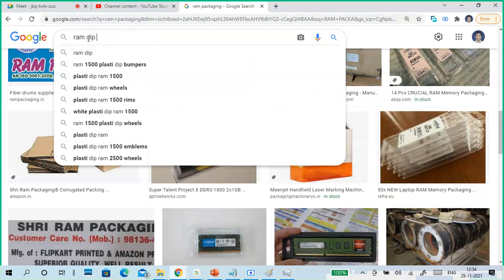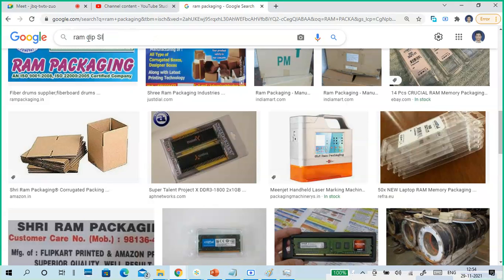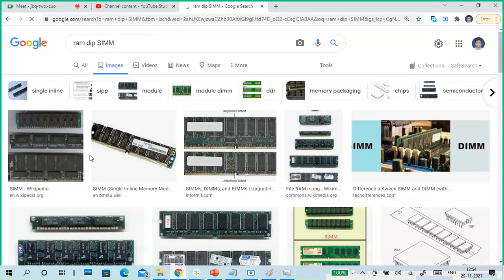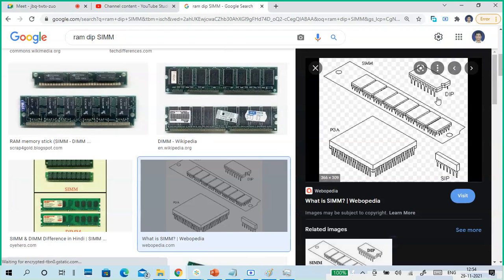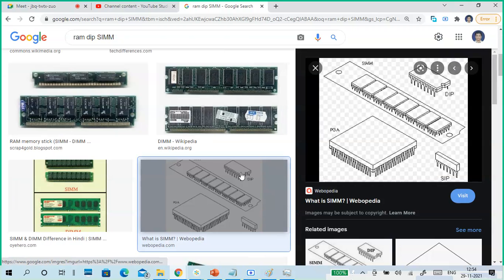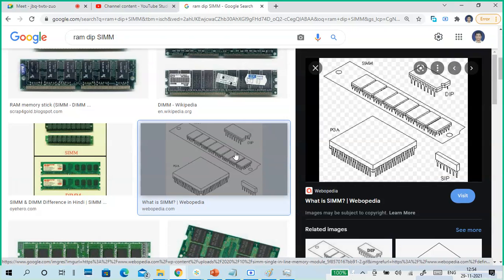So RAM, DIP, SIMM, you will understand something from it. Yeah, like this. Earlier we had this kind of DIP packages, which look like an IC type.